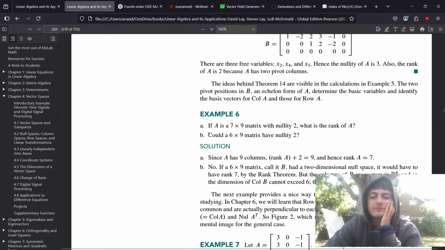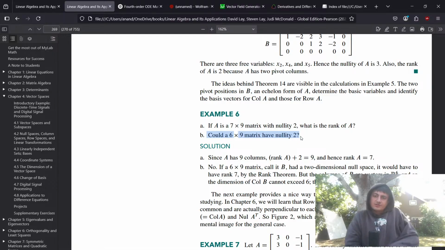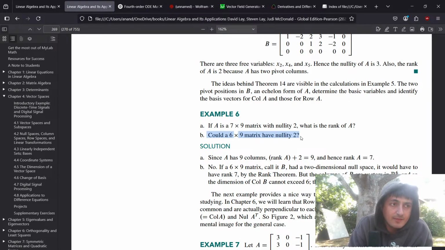Oh, yeah. This is cool. Okay, so could a 6 by 9 matrix have nullity 2? That would mean that its rank is 7, but it can't have rank 7 because there are only 6 rows.